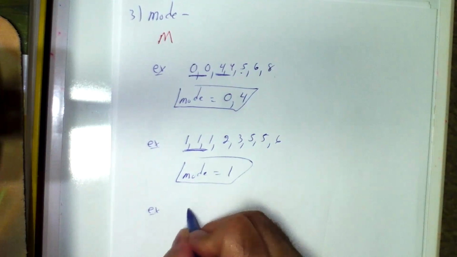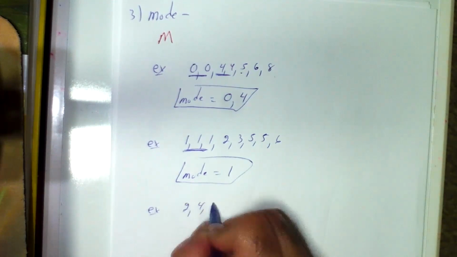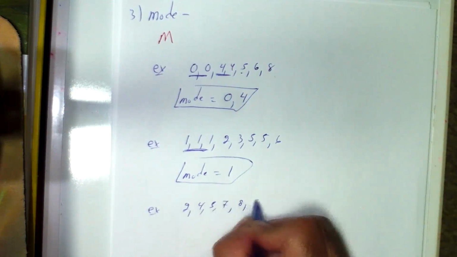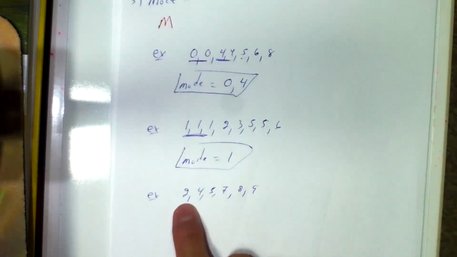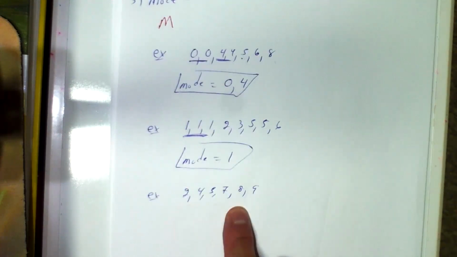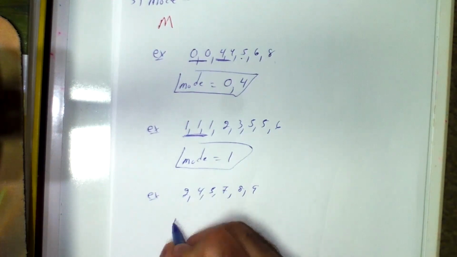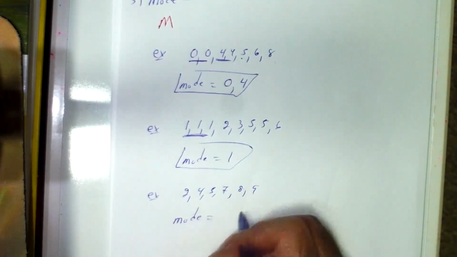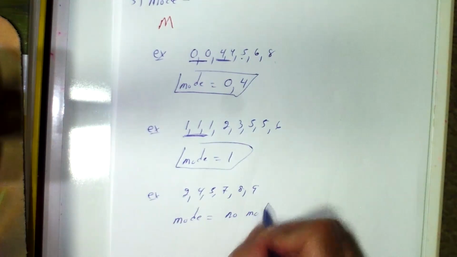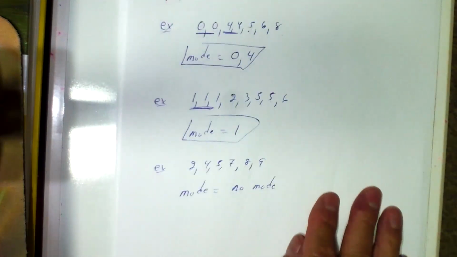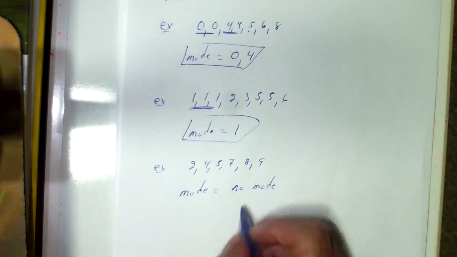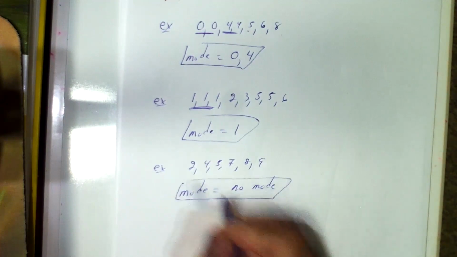So what if you had 2, 4, 5, 7, 8, 9? Notice that each of these values appear once. So the mode for this one would be no mode, because they all appear once.